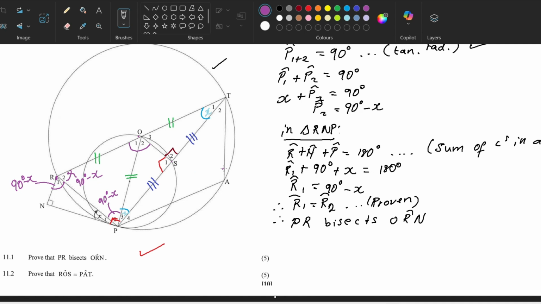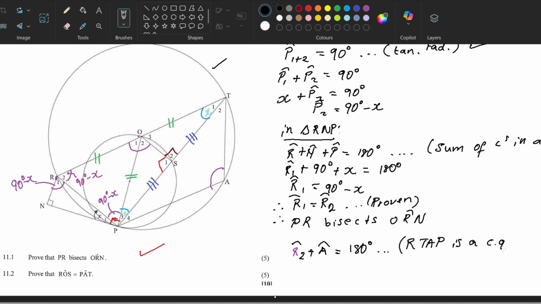So since we've stated before that this is a cyclic quadrilateral, isn't it? So we are going to simply tell the examiner that we are going to say R2, let me use a black marker, R2 plus angle A is equal to 180. Your reasoning, you are going to say RTAP is a cyclic quadrilateral, isn't it?